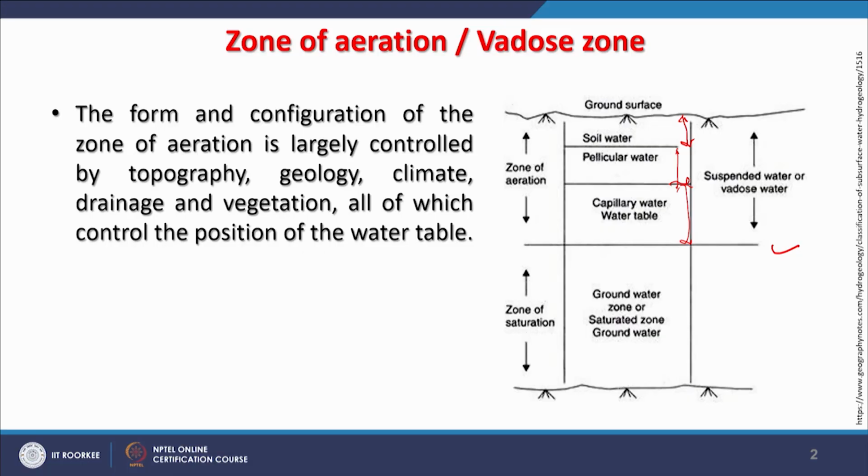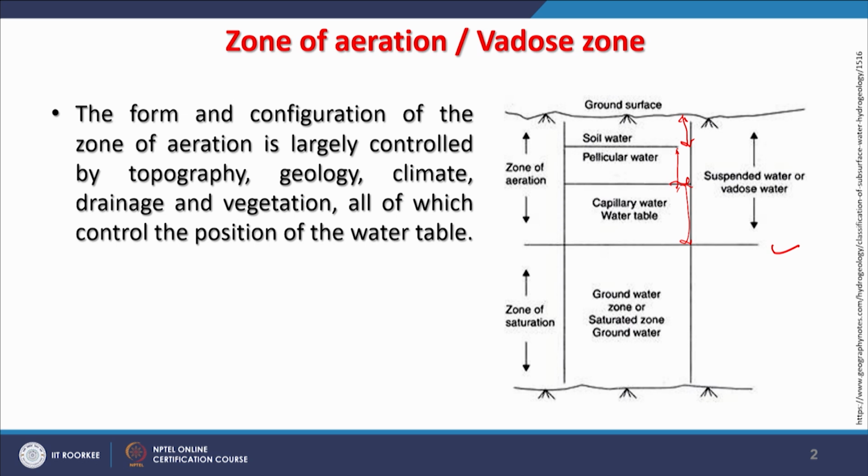The form and configuration of the zone of aeration is basically controlled by topography and geology, and other conditions like climate, drainage and vegetation, all of which influence the position of the water table. Let me explain a little bit.